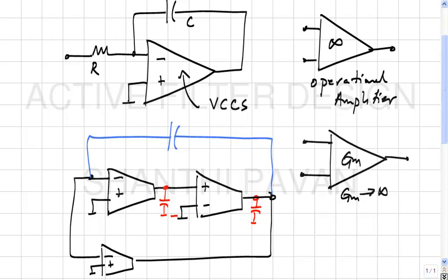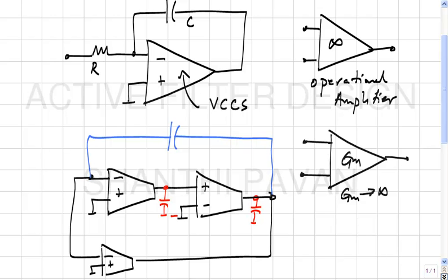Now, because the GM is tending to infinity, in principle it can't be used open loop, it has to be only used as the forward amplifier in a negative feedback system. Just like you cannot use an op amp open loop, it has to be used as the forward path of a negative feedback system, right.